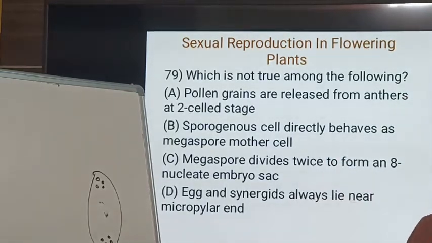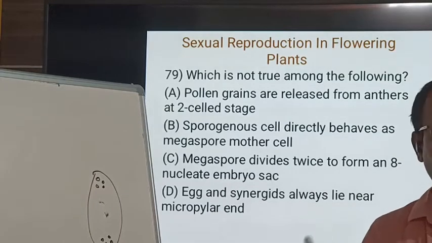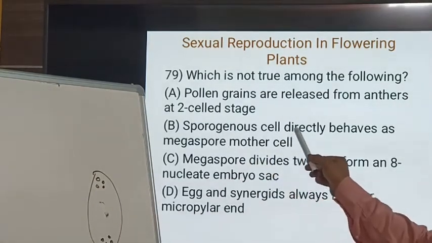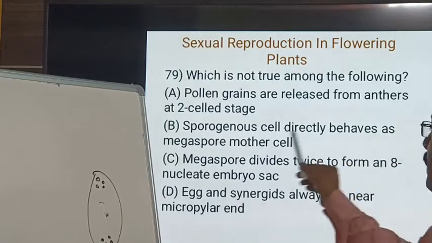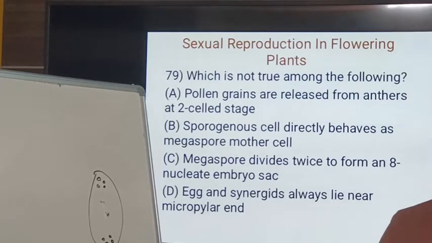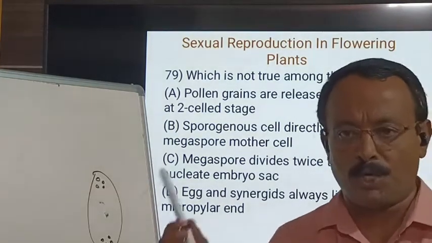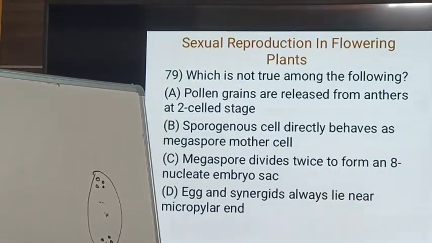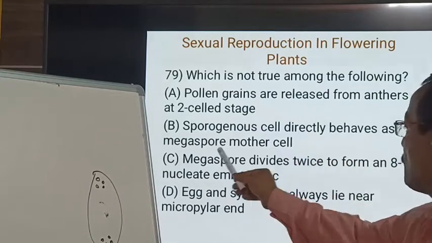But in another 40% of the plants, pollen get released at 3-cell stage. Sporogenous cells directly behave as megaspore mother cell. Yes. So, the sporogenous tissue becomes pollen mother cell in case of the androecium, in case of the microsporangium, and in the megasporangium, it behaves as megaspore mother cell.